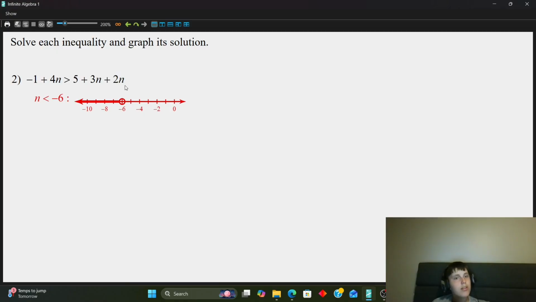This time you would combine 3n plus 2n to get 5n, then move the variables around. You would move the 4n over here, so it would be -6 is greater than n, but then you flip it, so n is less than -6. So there we go. I'm going to cut the video and give you some harder problems.